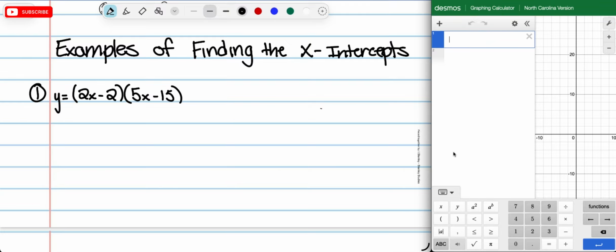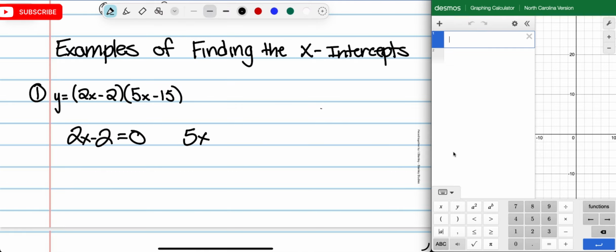If I do that with this problem, my first one will be 2x minus 2 is equal to 0, and the other one will be 5x minus 15 is equal to 0. With that being equal to 0, now we can solve for x. Solving for x means getting everything away from the x. So I'm going to add 2 on both sides.